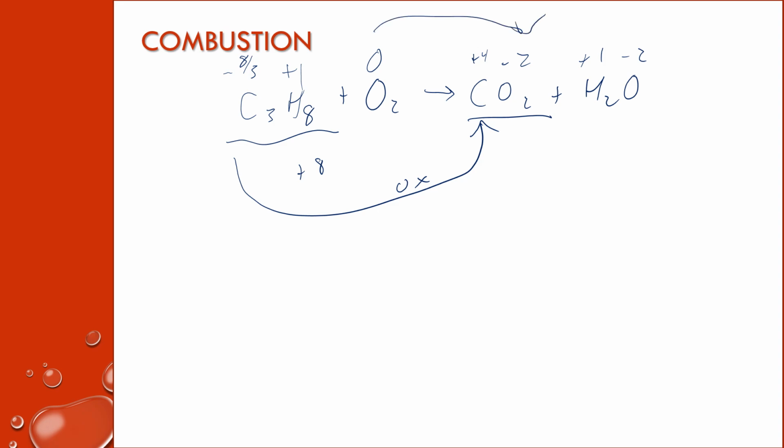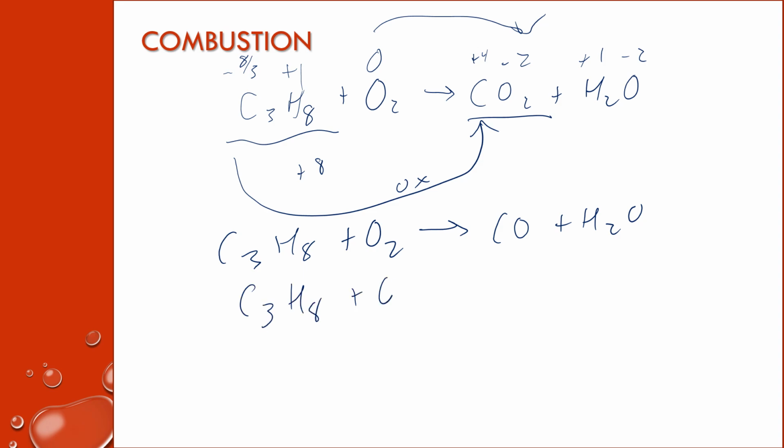Now that's for a complete combustion. If you have incomplete combustion, if there's a limited oxygen supply, it might produce carbon monoxide instead of carbon dioxide, or it might produce just carbon with water.